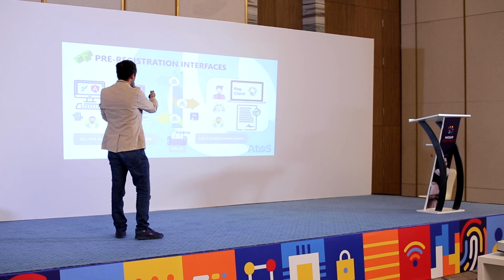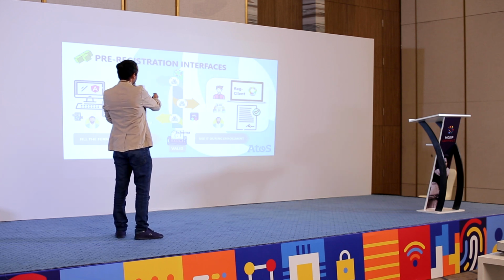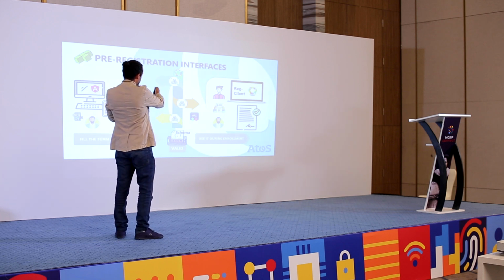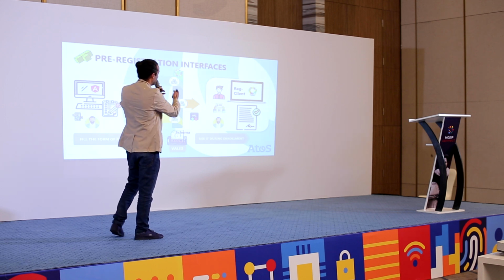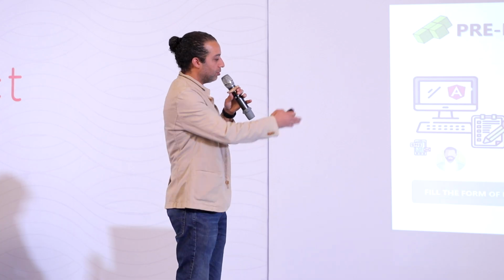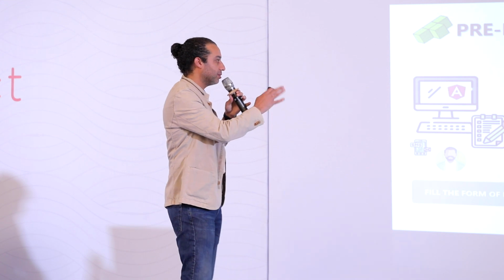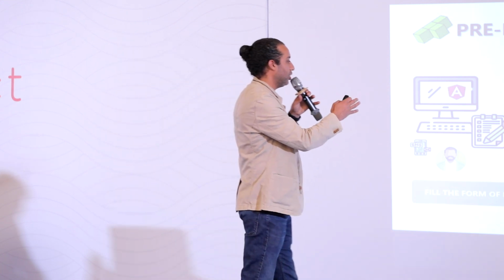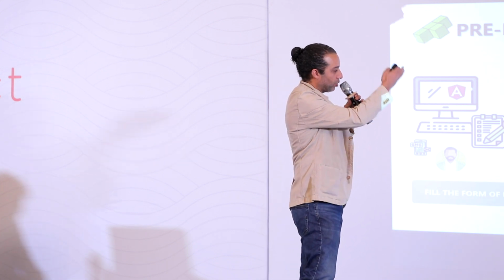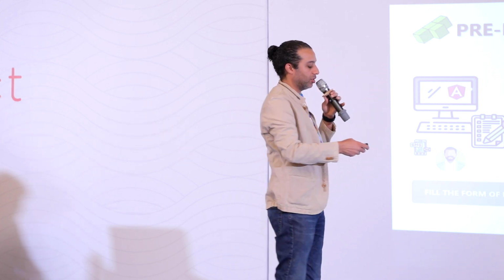So here's another integration point, with an API that is used by the registration client, where they can consume all the pre-registration data for a certain person. So here is a little bit of how it goes, between pre-registration and the back end, or the registration process and registration client.